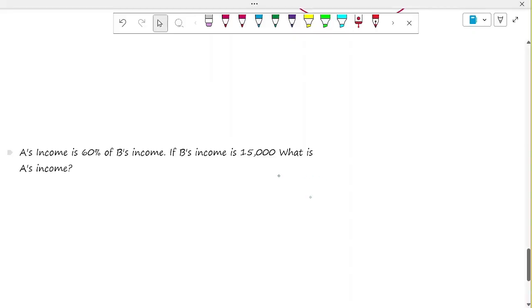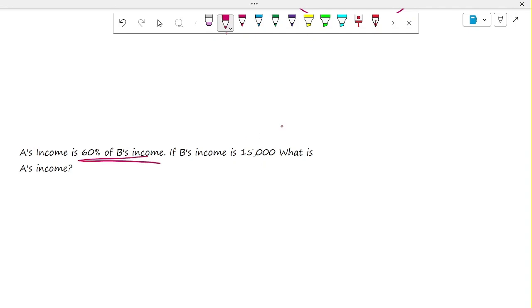Yes. Now you try to observe this question, and in the exam or in any campus interviews or campus selection tests, they will ask you these kinds of questions. A's income is 60% of B's income. Okay. A's income is 60% of B's income.